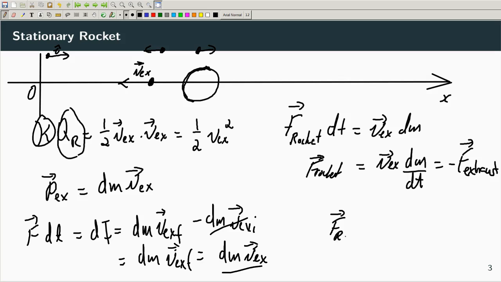So the force of the rocket on the particle is equal to the negative force of the particle on the rocket.